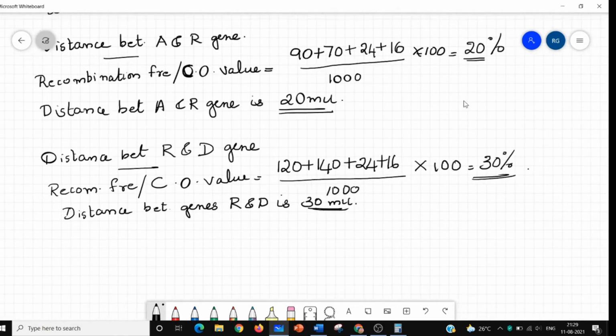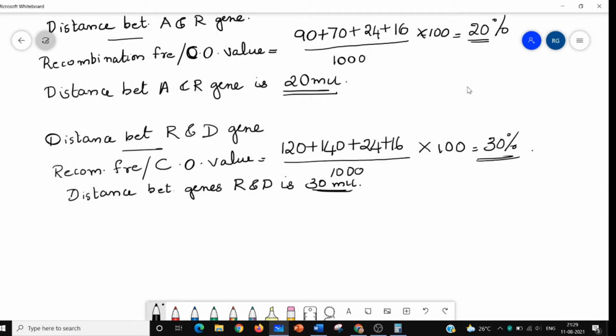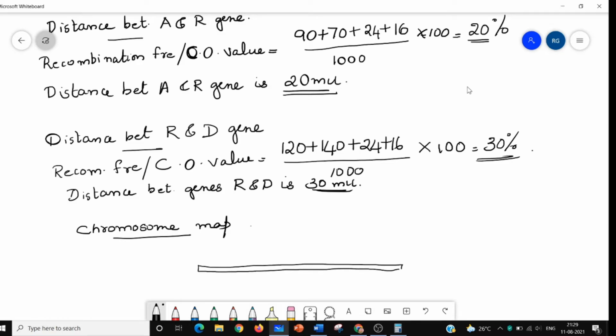Now we are going to map the chromosome. Let us draw a chromosome map. So I am drawing a chromosome. Let us imagine that this is the segment of that chromosome where those 3 genes are present.